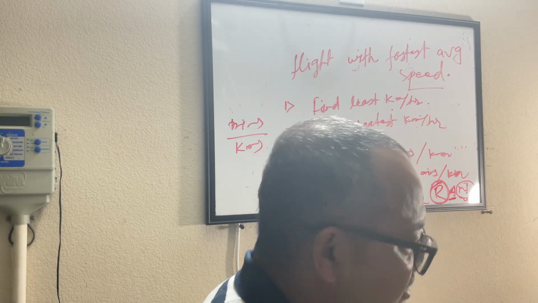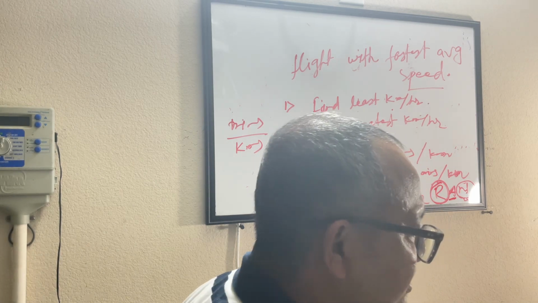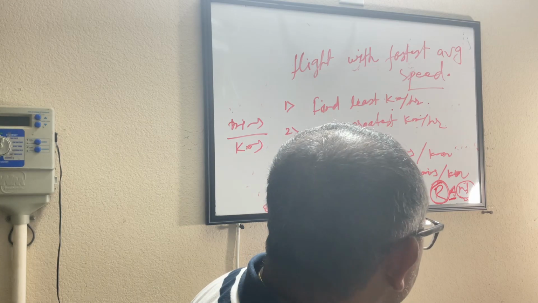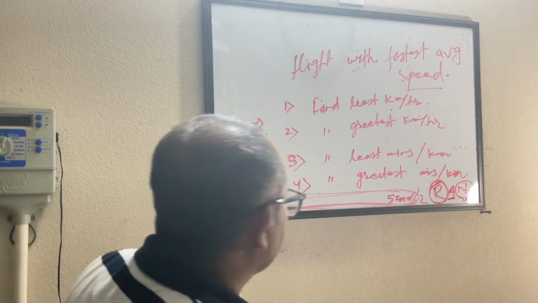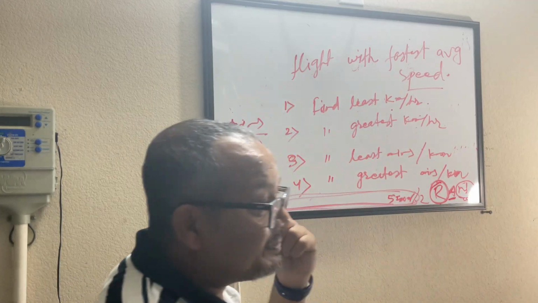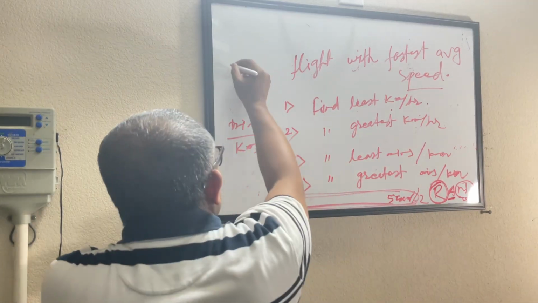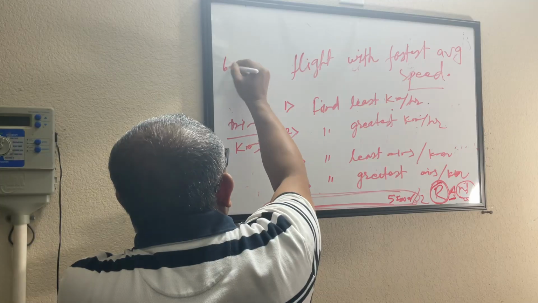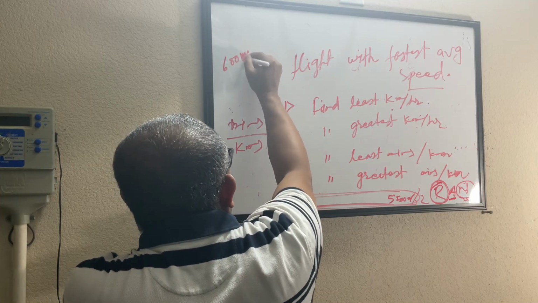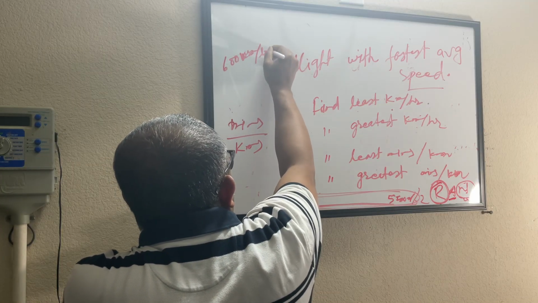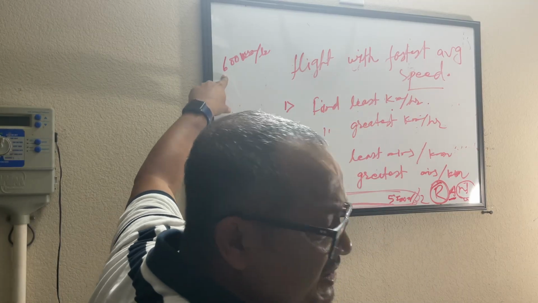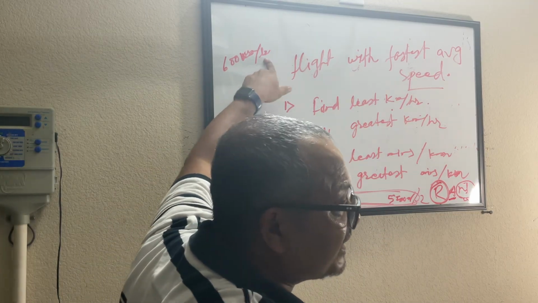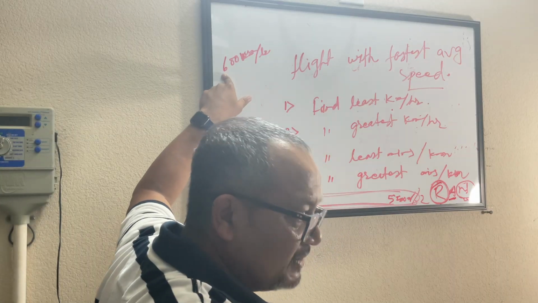Okay. How about you? I don't know. So see, simple thing. When you read kilometer per hour, meaning it says okay, 600 kilometers per hour. And the way you interpret this is, if I give 1 hour to this flight, it will go for 600 kilometers. Yeah?